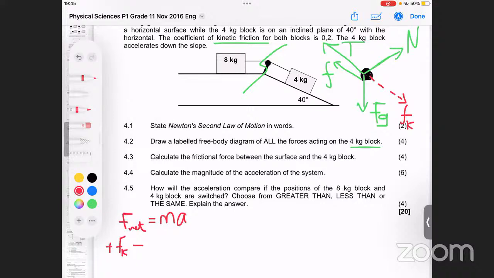So after that, you're going to subtract tension. And since it's an inclined plane, we are going to break it down into its components.